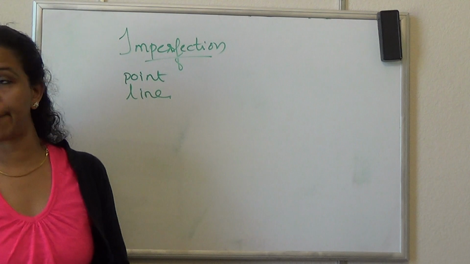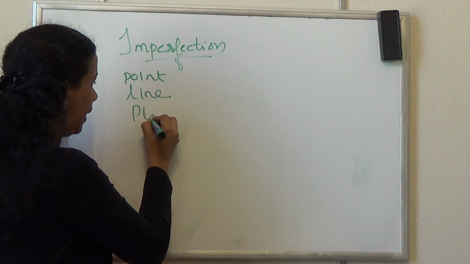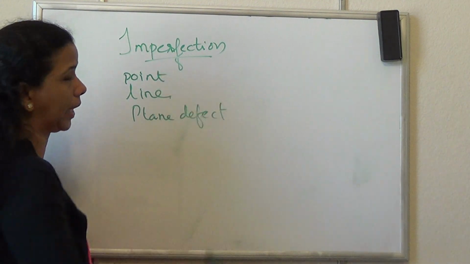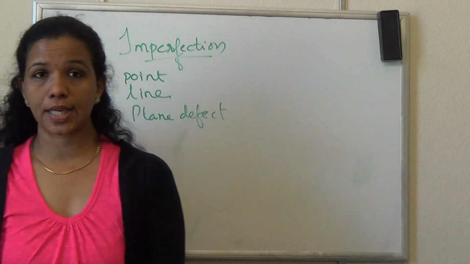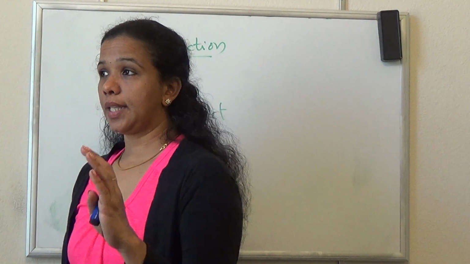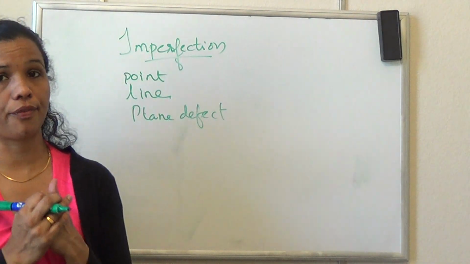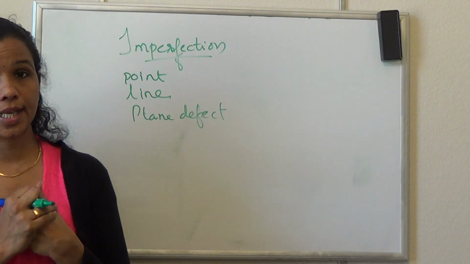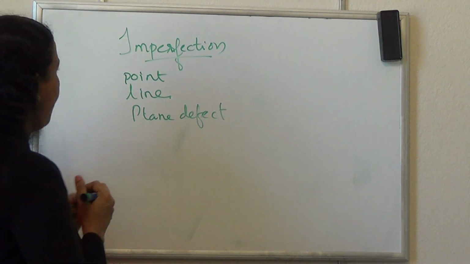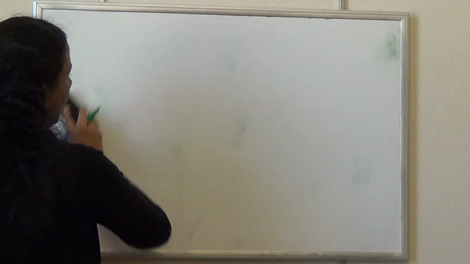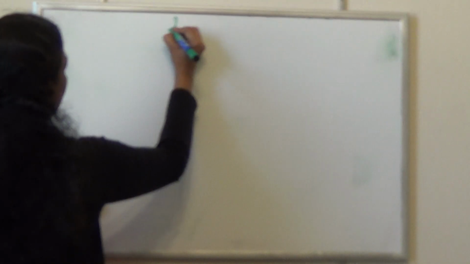Or from a particular plane, that is called a plane defect. These are all called imperfections. So imperfection is a slight change in the perfectly ordered arrangement of atoms in a crystal. We can classify the imperfections mainly into two types.